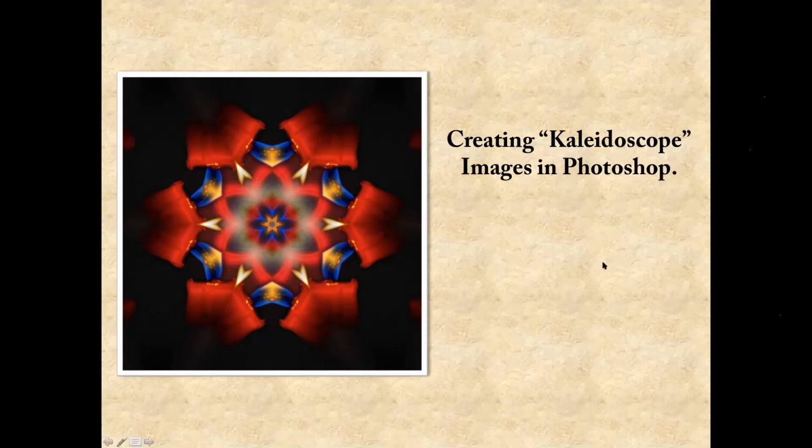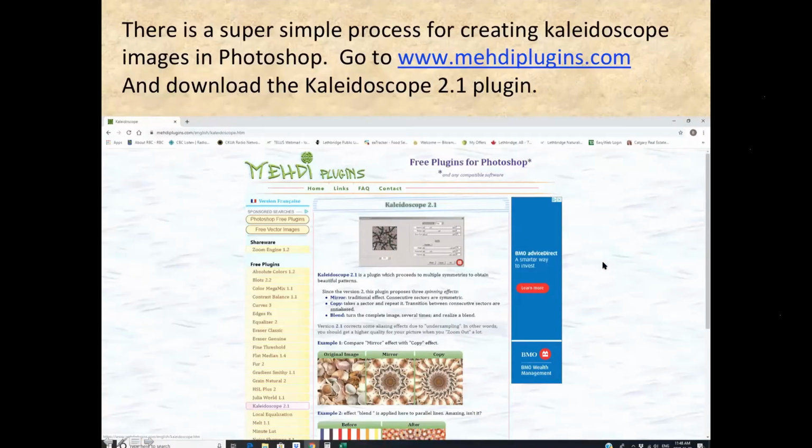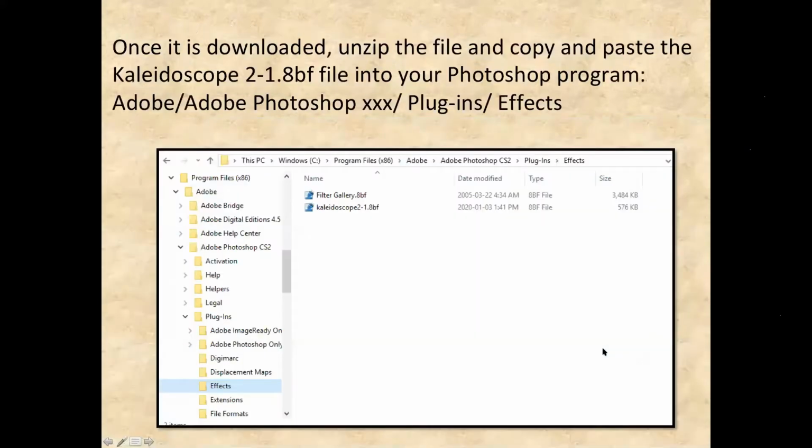But I was searching around and I found this website called mediplugins.com, and amazingly enough, there's a plugin called Kaleidoscope. If you go to this website, you can download this filter. Once you download it, you have to unzip it.